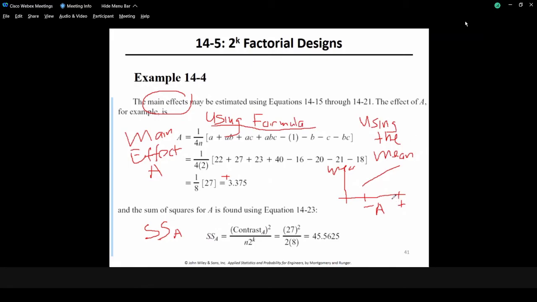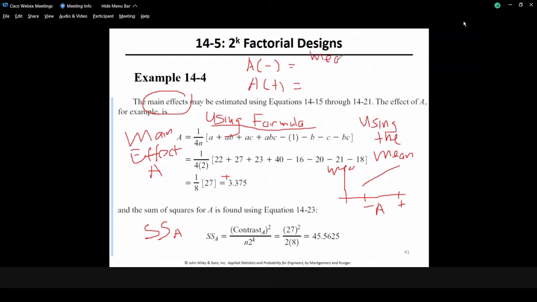The mean is needed in order to plot this. A at low level, you calculate the mean, and then A at plus level, calculate the mean.